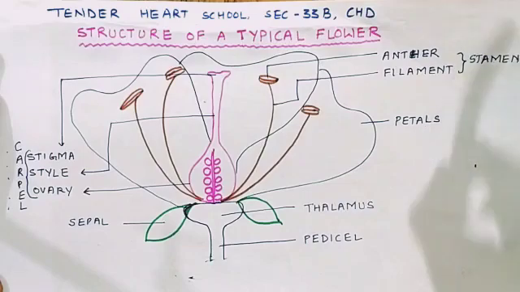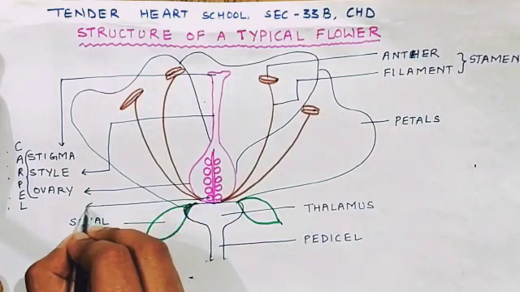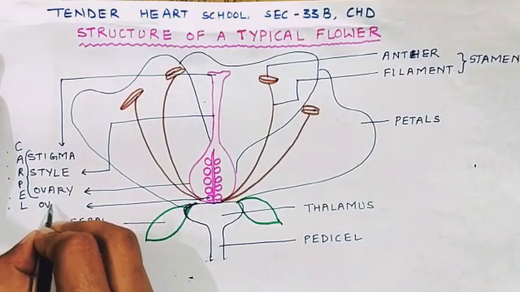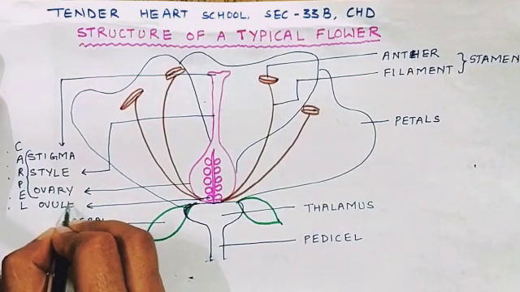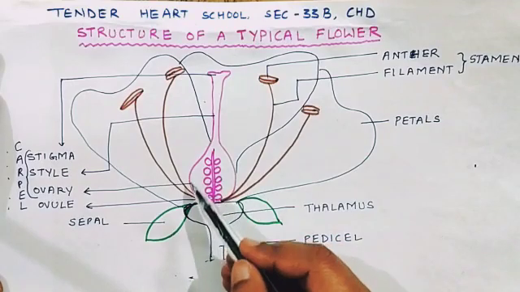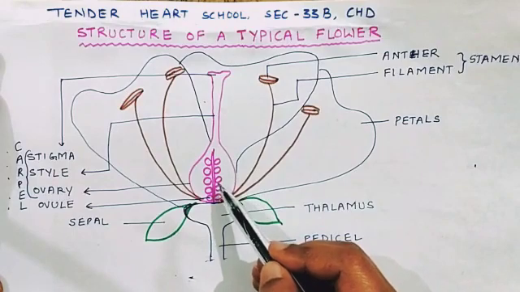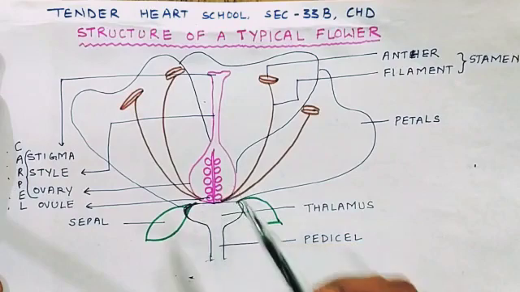So let us label the ovules. So this one is the ovule. Ovules are present inside the ovary. Ovary is the female reproductive part of the plant in which ovules, the reproductive cells, the female gametes are present.